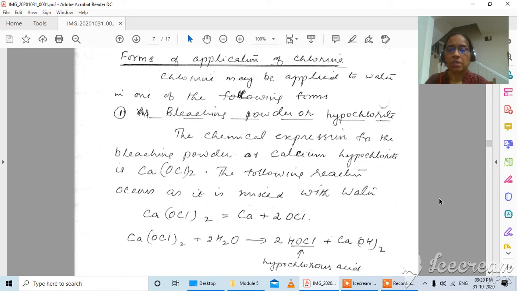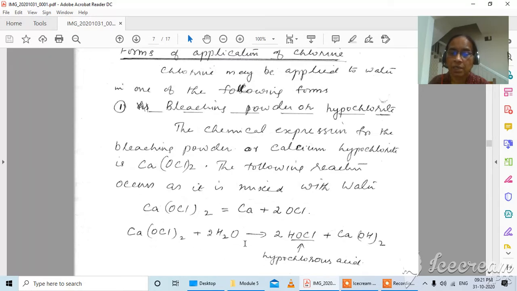Okay, when this bleaching powder, CaOCl2, is added to water, it dissociates into calcium and 2 OCl ions. When it reacts with water, 2 HOCl, that is hypochlorous acid, and calcium hydroxide are formed.